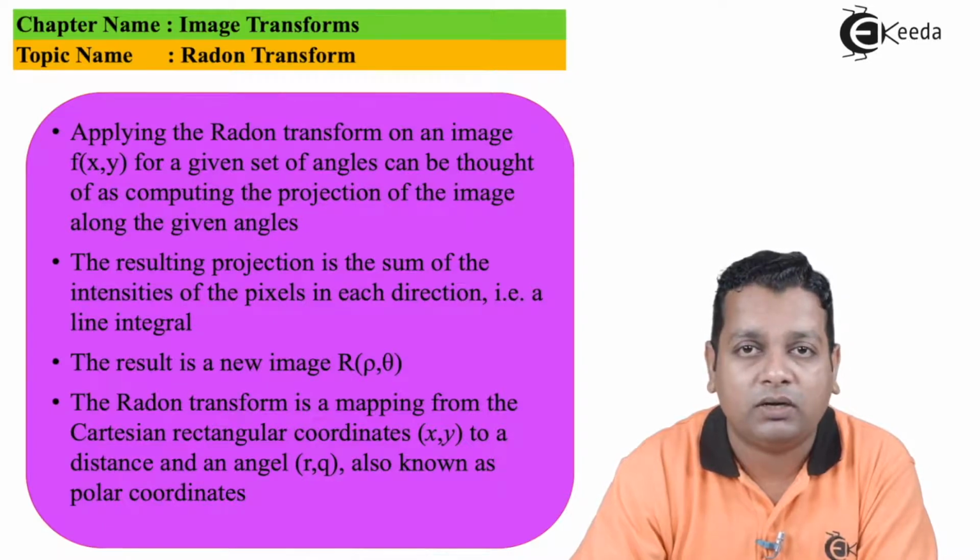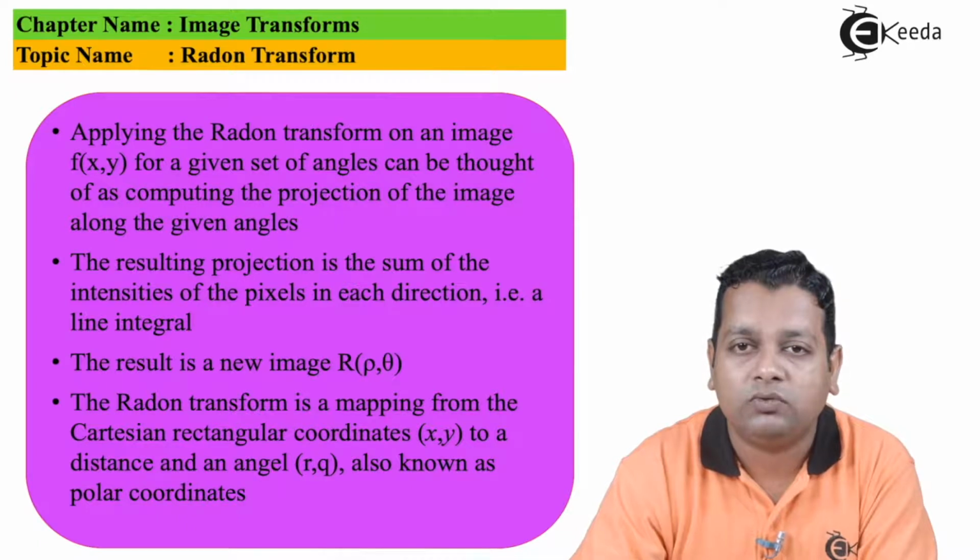Generally we have the representation with coordinate systems: Cartesian, polar, cylindrical, spherical. See here the resulting projection is actually the sum of the intensities of the pixels in each direction. Hence we can say that this is actually the line integral in the resulting projection.